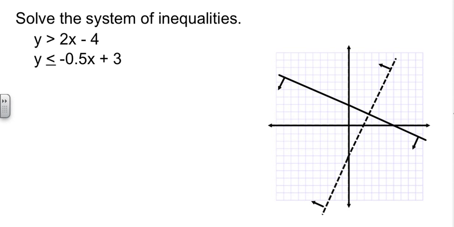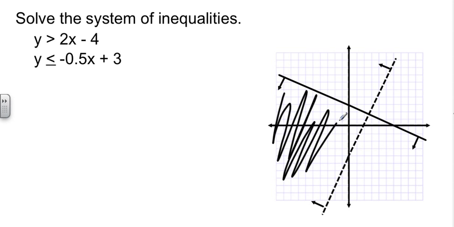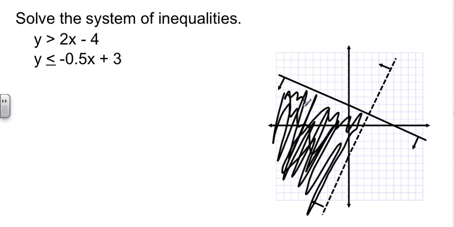I need to shade where both of these overlap. Well, it's below this line and to the left of this line, so I'm shading this area. And as before, your shading doesn't have to be pretty. You don't have to make it look perfect. As long as you've got the right area shaded, I'm as happy as I can be.